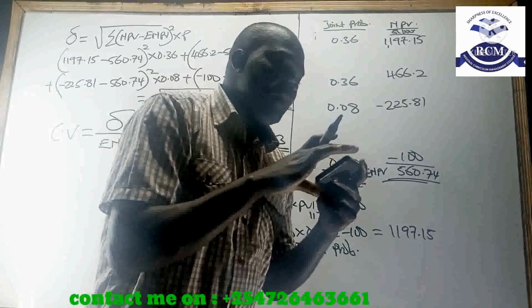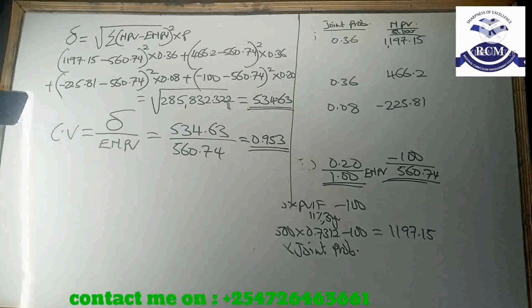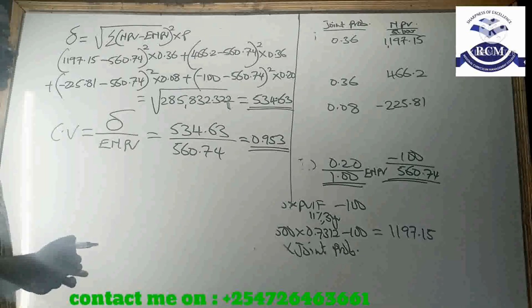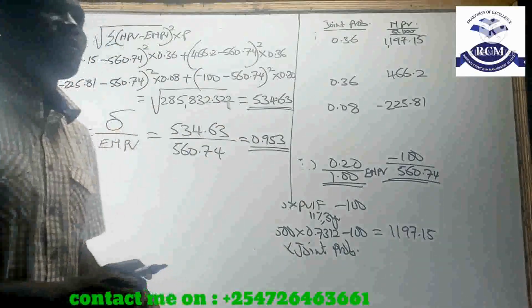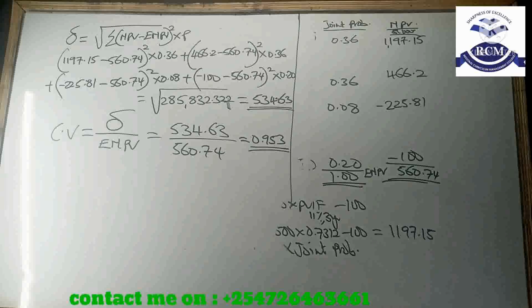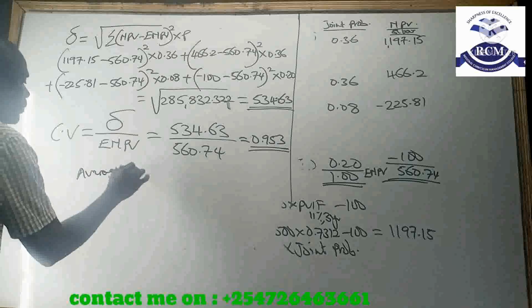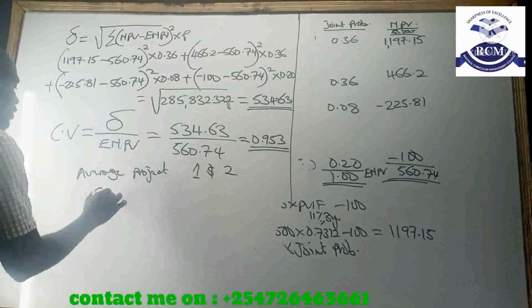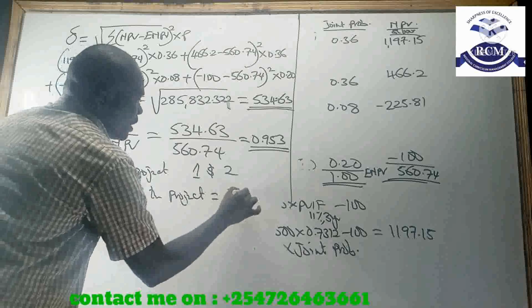Then finally, assuming the firm's average project had a coefficient of variation of between 1 and 2, explain whether the project would be of high, low, or average risk. As far as risk is concerned, the lower the CV, the lower the risk. An average project has a coefficient of variation of between 1 and 2, but the coefficient of variation of this project is 0.953.